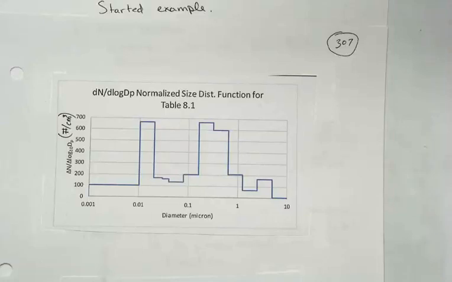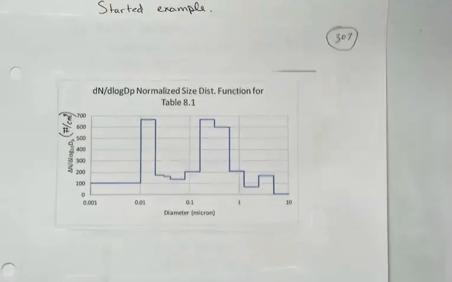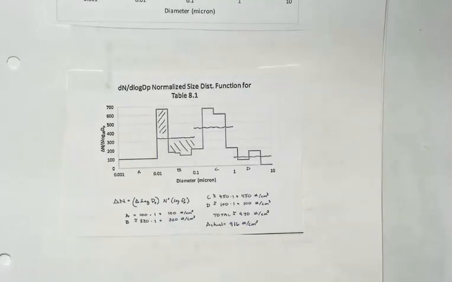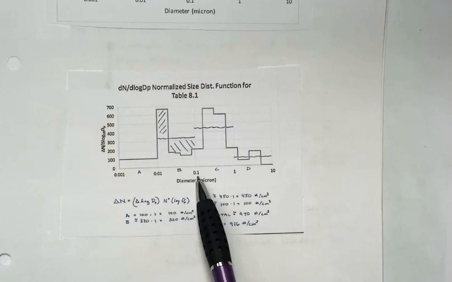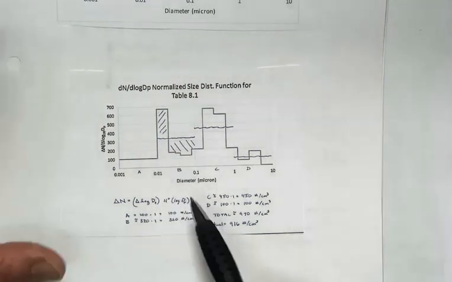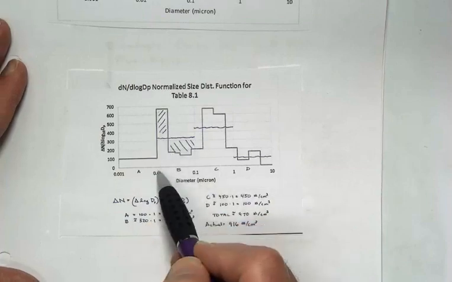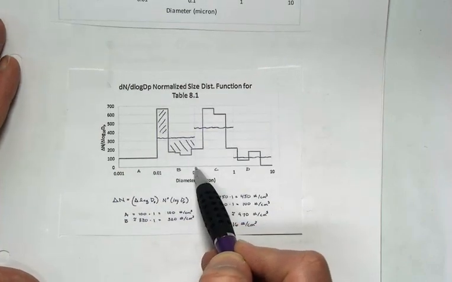We can also pretty quickly do some calculations. Let's say we're interested in the particle concentration between 10 nanometers and 100 nanometers. And so what we need is the average function height in that size range.